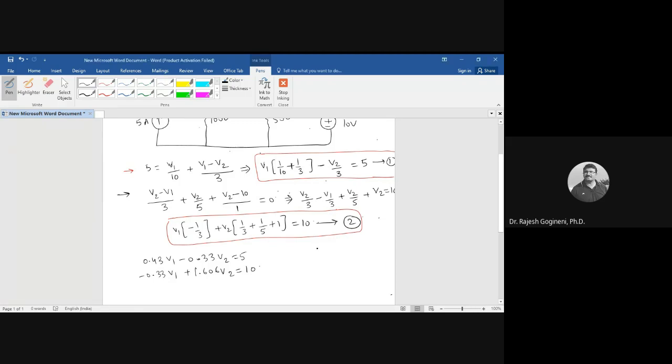Solve this one. What is V1? Anybody got the answers?